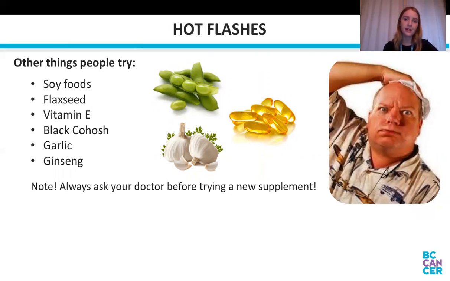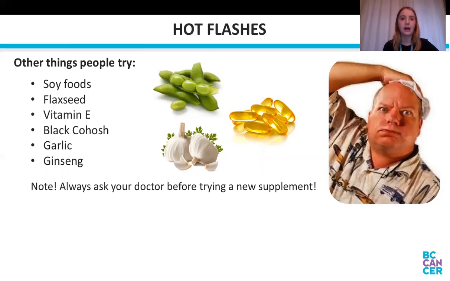I also want to caution you against trying any new supplements or herbal remedies. Many of these have side effects of their own or can interfere with certain medications. So always ask your doctor or talk to a dietitian before trying something new.